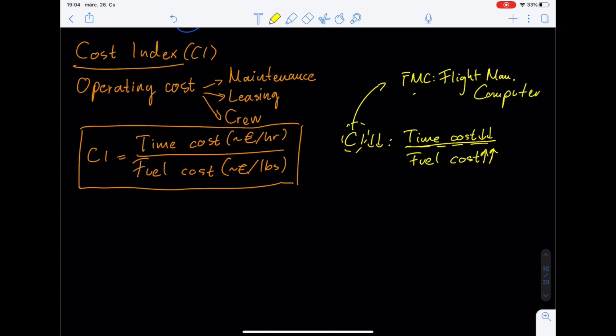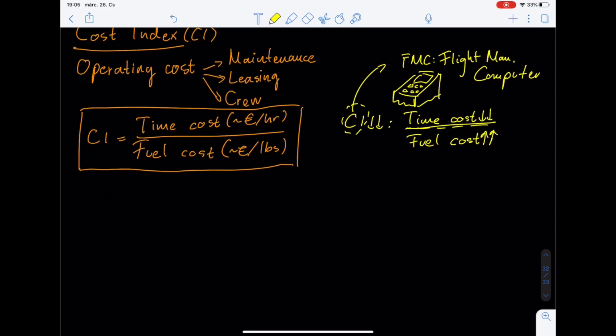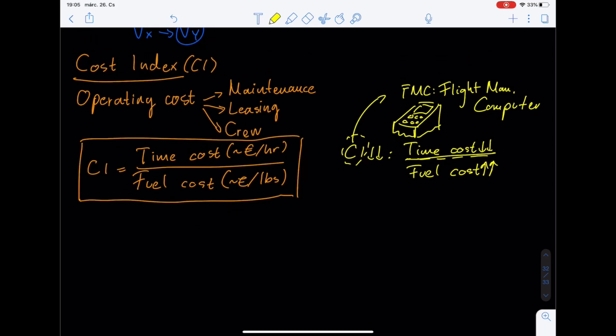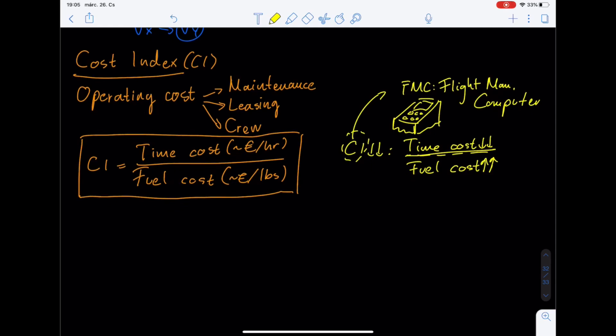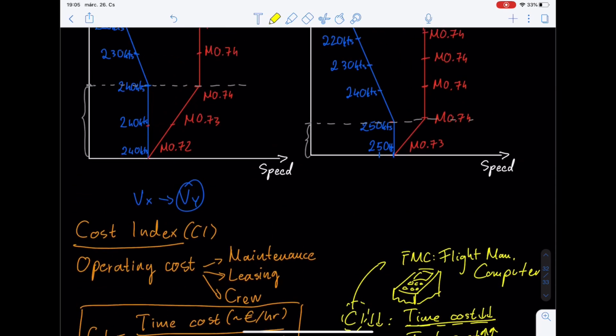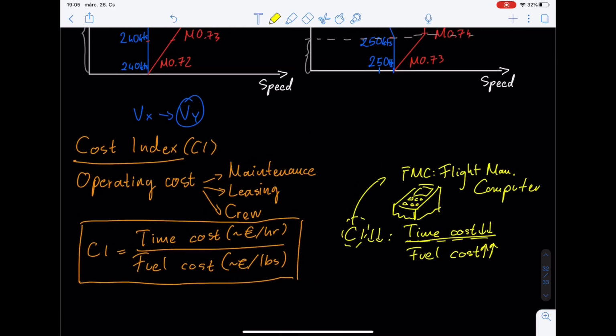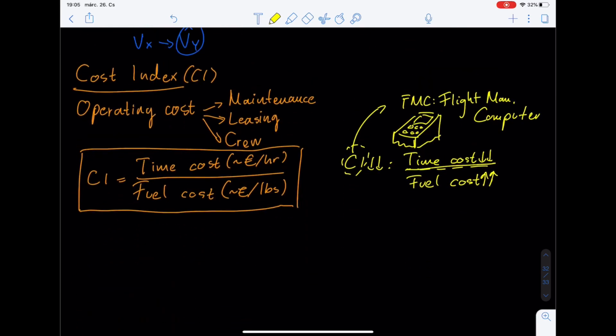So they will just input this number into the flight management computer, and knowing the performance data of the aircraft is going to help with calculating the best economical climb speed, right? Or the calibrated airspeed and the Mach number, which you're going to need to maintain during the climb.